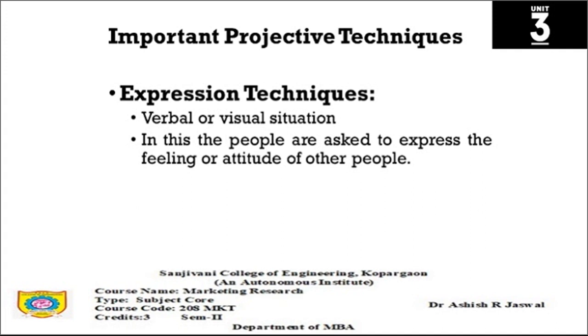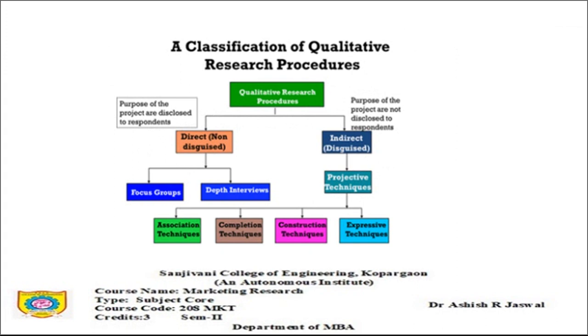To conclude, let us try to understand what we have covered in the second video of the marketing research of unit 3. We tried to understand qualitative research procedures, in which we already discussed direct non-disguised in the previous video, and this video clearly highlighted the indirect disguised form, wherein the purposes of the projects are not disclosed to the respondents.